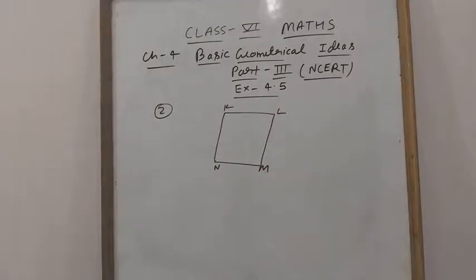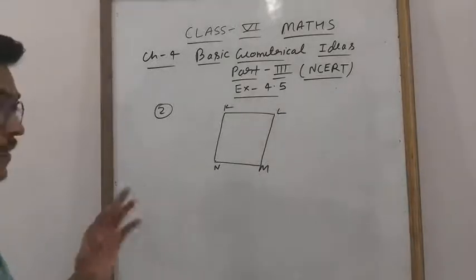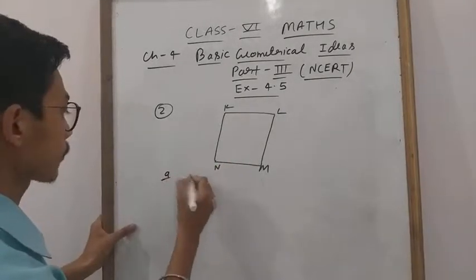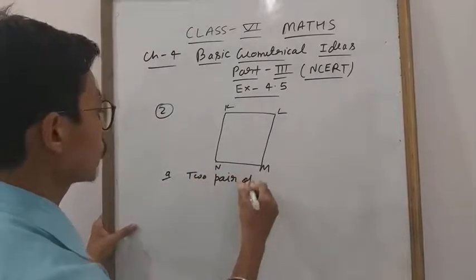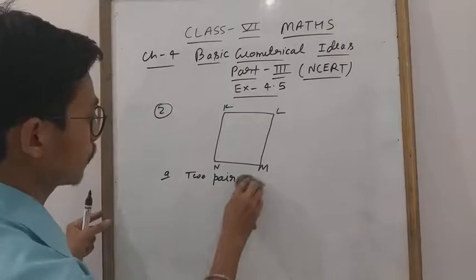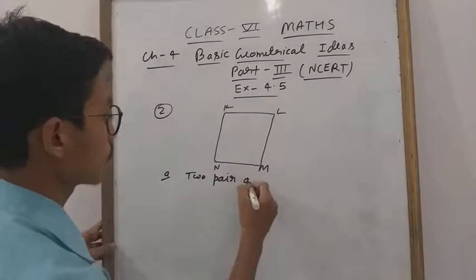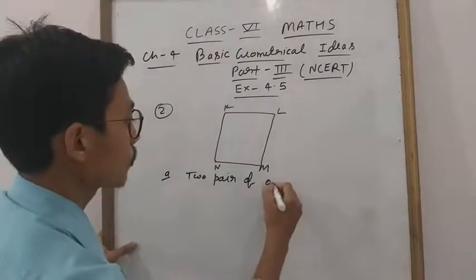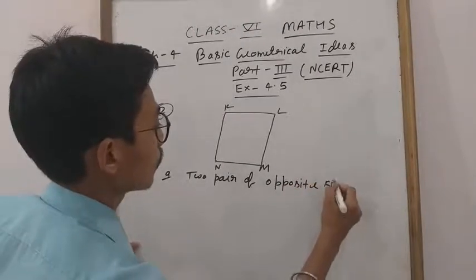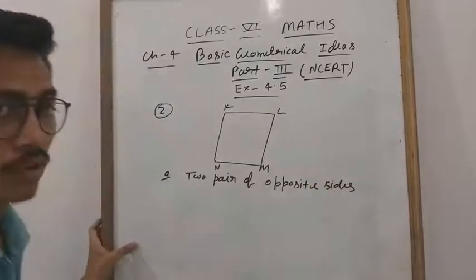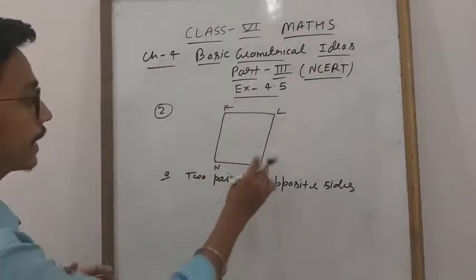Clear? Now what is given in the question? You have to focus on the question. It is given: two pairs of opposite sides. Two pairs of what, student? Opposite sides. Of sides, you know, student, KN, KL, LM are all sides.